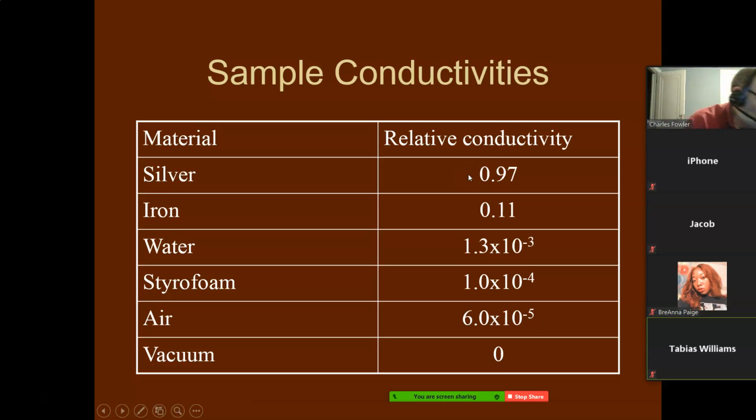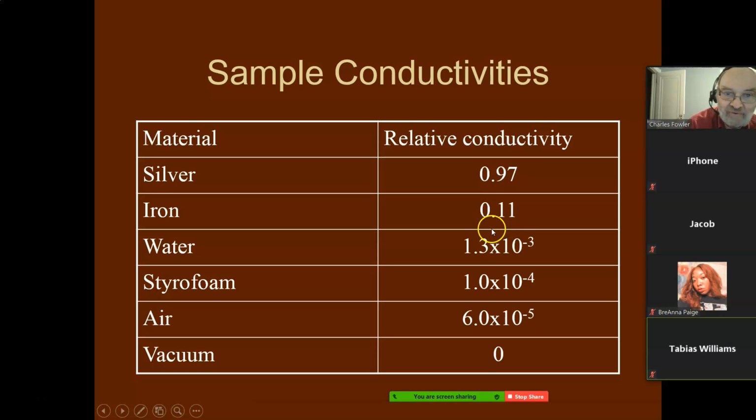In your book, you'll see that copper is just behind silver. This is on page 99. Aluminum is close to half that of copper and silver. Iron then comes further down the list. Lead is a bit further down the list. Concrete's further down the list. Glass is further down the list. Tile is further down the list. Bricks are further down the list.